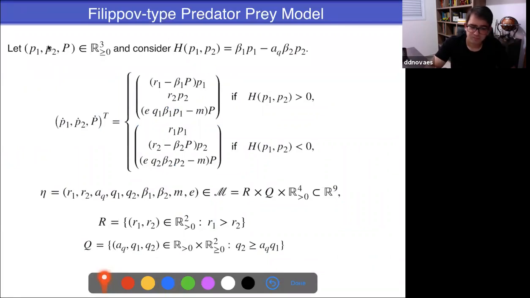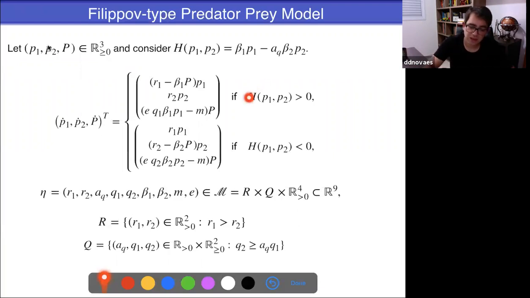This function H basically measures the availability of the preys, depending on some parameters. I'm not going into details of the parameters, but it's measuring basically what's the most available prey. And when H is positive, P1 and P2 are the densities of the preys, and capital P is the density of the predator.